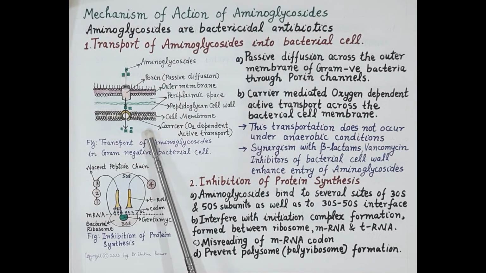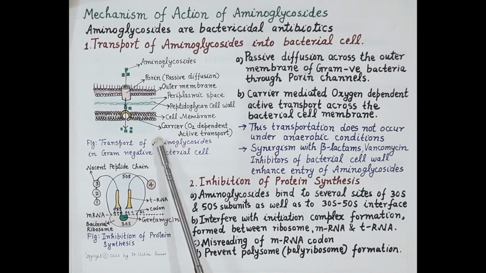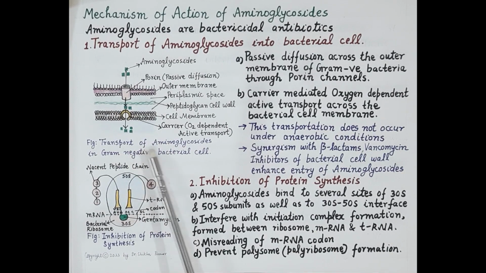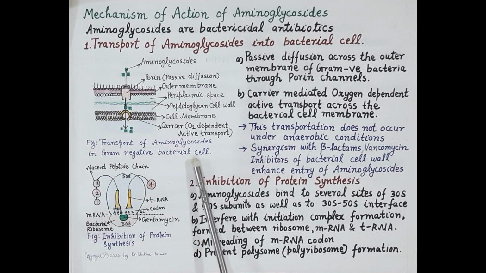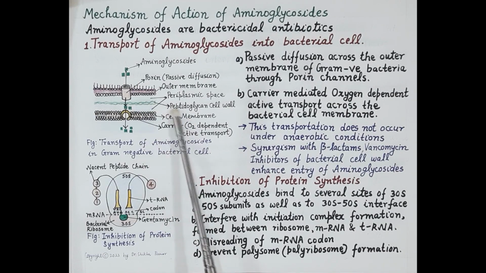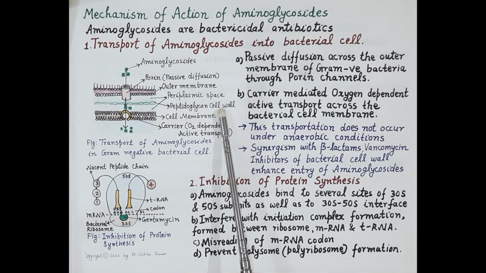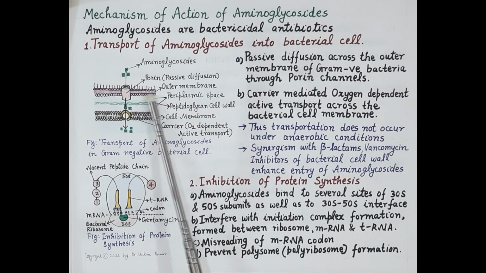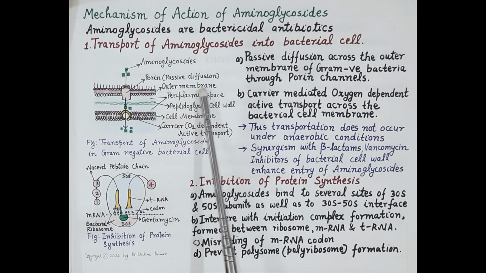So, look at this figure. This figure explains transportation of aminoglycosides into the gram-negative bacterial cell. Gram-negative bacteria are covered by a cell membrane, which is enveloped by a thin peptidoglycan cell wall, which in turn is surrounded by an outer membrane that is made up of lipopolysaccharides.